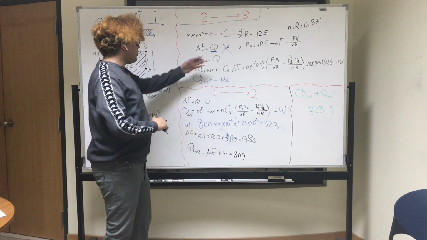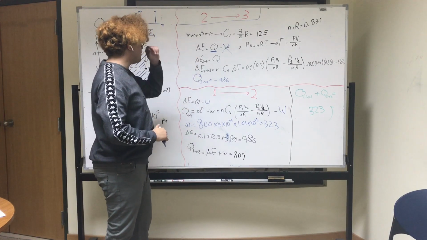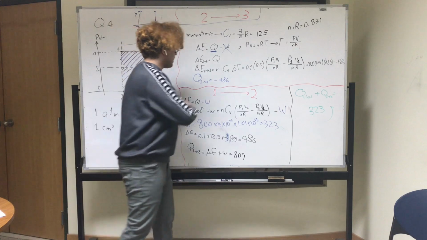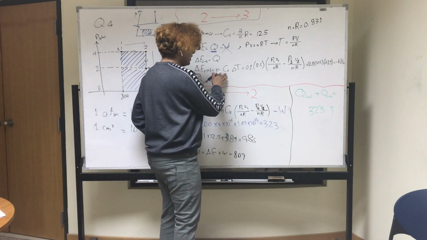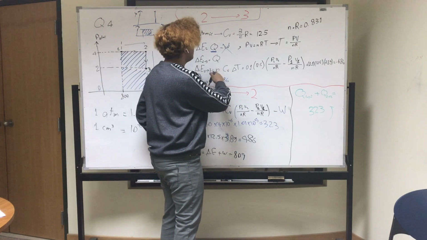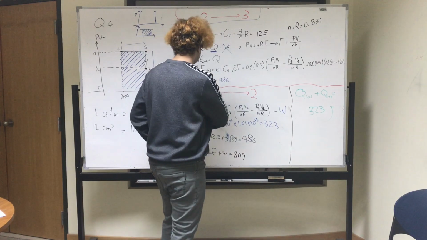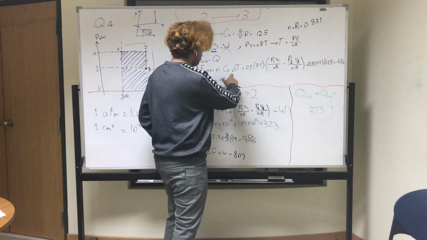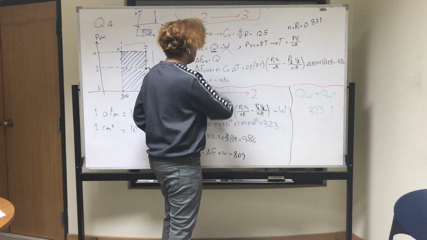And we know that we can calculate this change in internal energy. We have a formula for that. It's the number of moles times the CV, or the specific heat when the volume is constant, times the change in temperature.